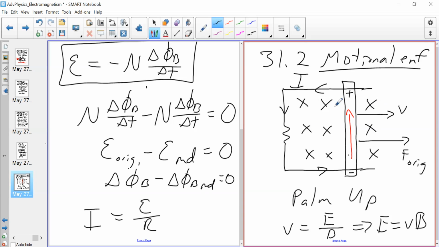Flux is changing because we're going to increase the amount of field as this bar goes to the right. So this electric field is going to be the electric field within the conductor. From this perspective, we have the electric field pointing downward as the magnetic field points into the page.